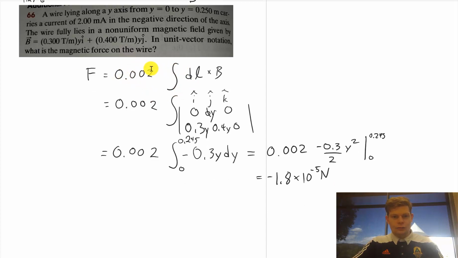You've got your current, which notice I converted to amps from milliamps, and then multiplied by the integral of the change in length, like a little tiny piece of length crossed with the magnetic field. But a little tiny piece of length is the same as a little tiny distance in the y direction, so we can just do that. It's got no i component, no k component, so those are just zeros.